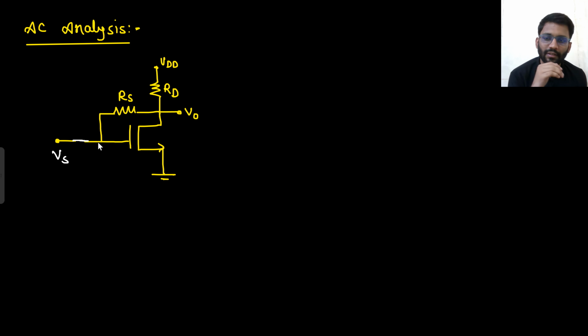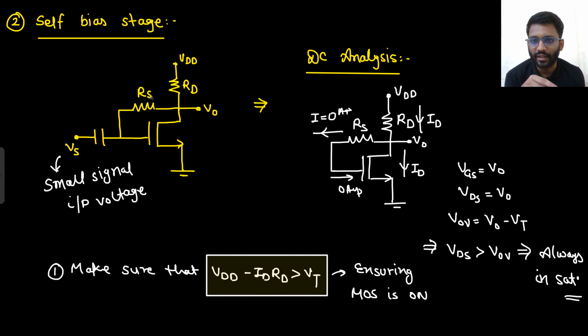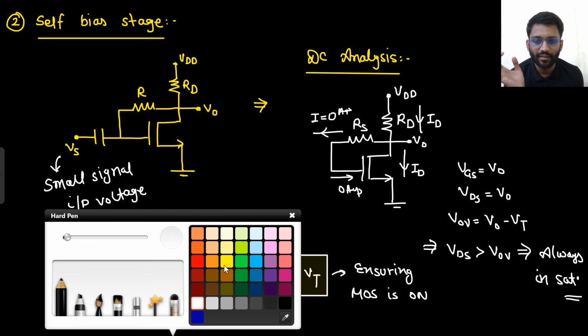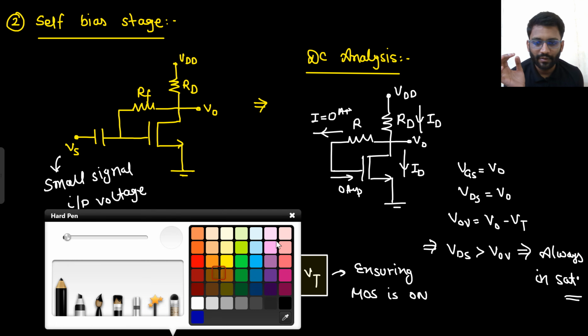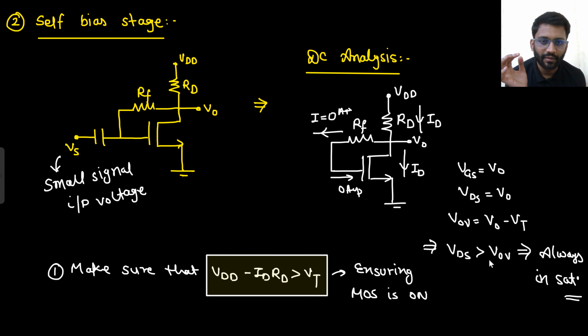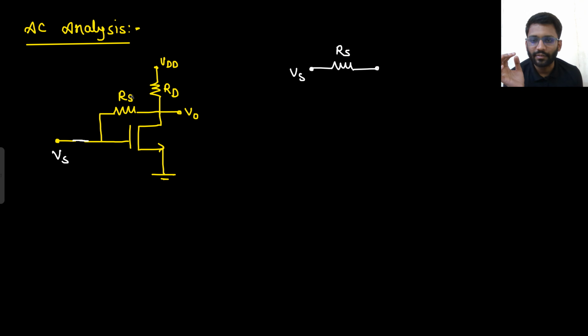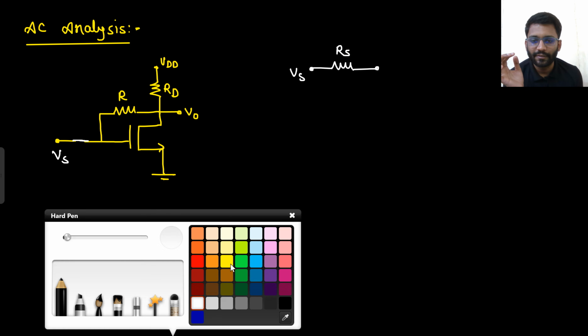Here we are having RS resistance, one node of RS is connected to Vs, and the other node, this should not be RS, this should be RF, R feedback. I'm really sorry, I wrote RS, it should be R feedback, RF.